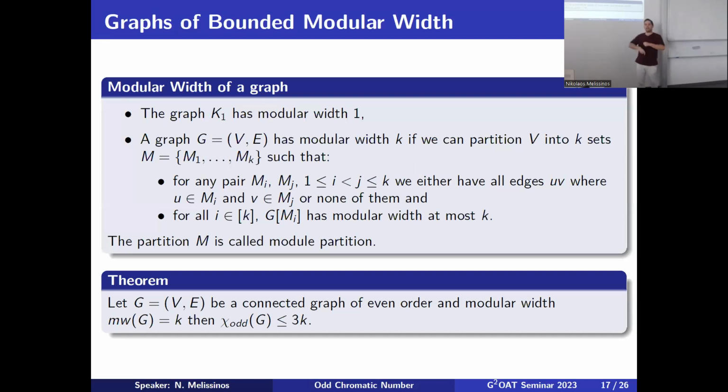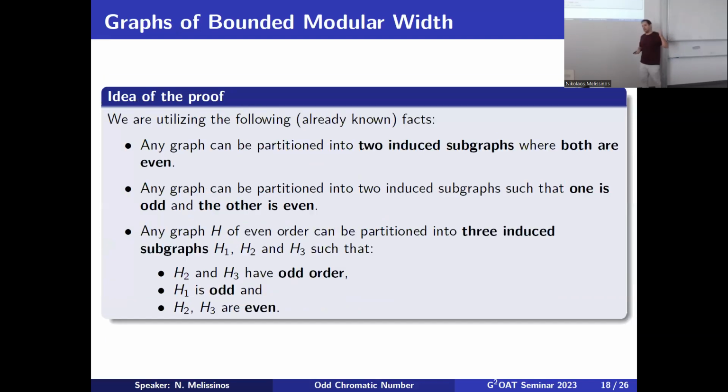Okay, so what we wanted to show is that this number k gives us the upper bound. So basically, any graph of modular width k requires 3k colors in order to be colored. And the idea of the proof is based on 3 facts. The first one says that we can partition a graph into 2 graphs so that both of them are even. This was from Gallai's theorem.